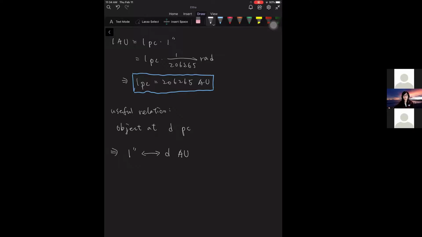Okay, that means 10 to the 7th parsec, right? Then the 1 arcsecond angle we view will correspond to 10 to the 7th AU on that object.